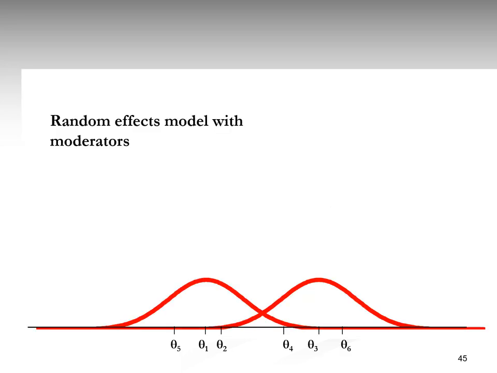To illustrate the random effects model with a moderator, using that analysis of variance model, here we assume that we have multiple categories. Here we have, for instance, 2 categories, but within these categories, population effect sizes can still vary. And we assume that this variation is according to a normal distribution.